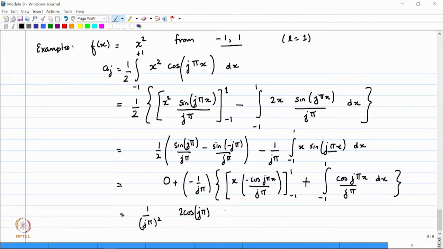Now the other term. In this case I have minus 1 by j pi square, and I have integral of cos j pi x. So, I will write it as minus 1 by j pi cube. Now, integral of cosine, I have a sine j pi x from minus 1 to 1.